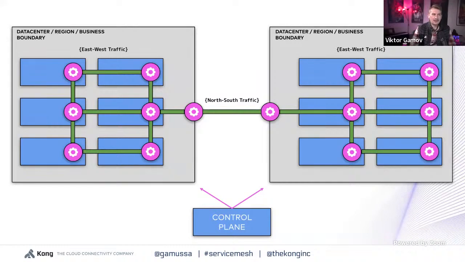This is a combination of what is usually referred to as north-south traffic, communication from somewhere outside of your data center into your data center, and east-west traffic that happens inside your data center.